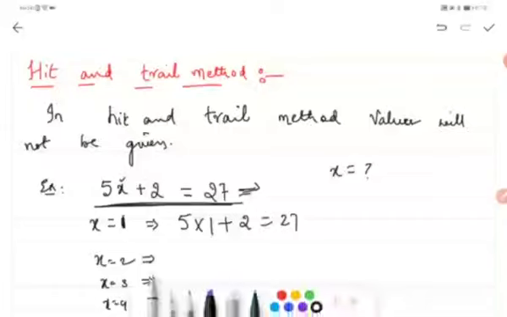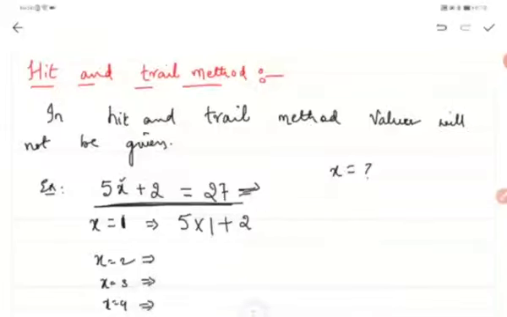5 into 1 plus 2, what is this equal to? 5 into 1 is 5, plus 2, this is equal to 7. So this is your LHS side. We got LHS as 7, but here on the RHS it is 27. So for x equal to 1, it is not satisfying this equation.